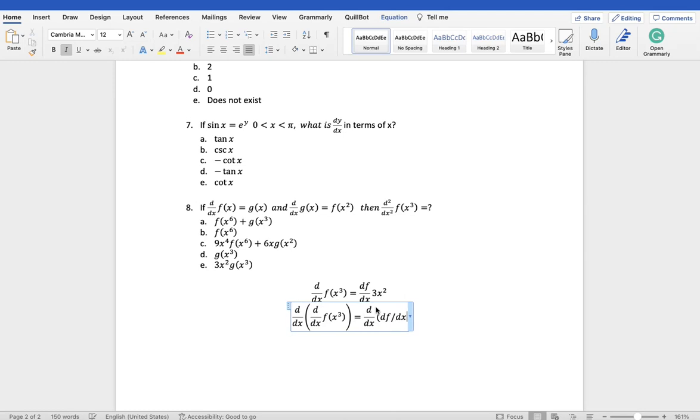meaning you're trying to find the derivative of df/dx multiplied by 3x squared. Here, you use the product rule because you have the product of two functions, the function df over dx and 3x squared. The product rule tells you that you first take the derivative of the first function, leaving the second function, plus the derivative of the second function, leaving the first function as it was originally.